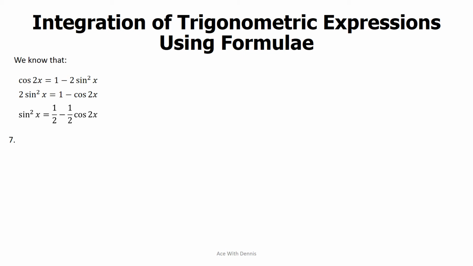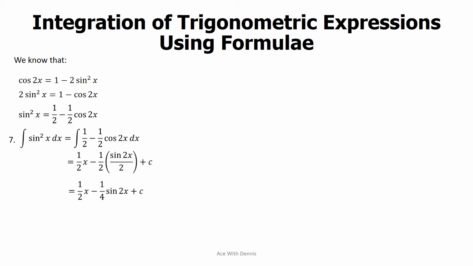So, number 7, if we want to integrate sine square x dx, it is equal to integration of half minus half cosine 2x dx, which will get half x minus half sine 2x over 2 plus c. And we can simplify it, it becomes half x minus 1 over 4 sine 2x plus c.